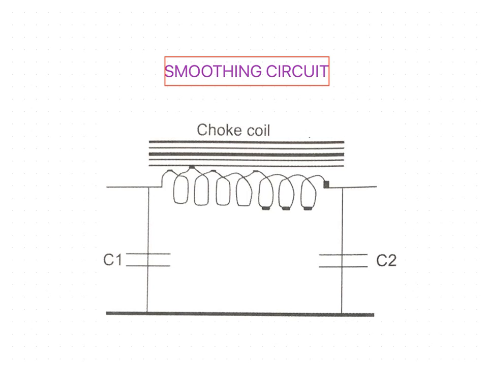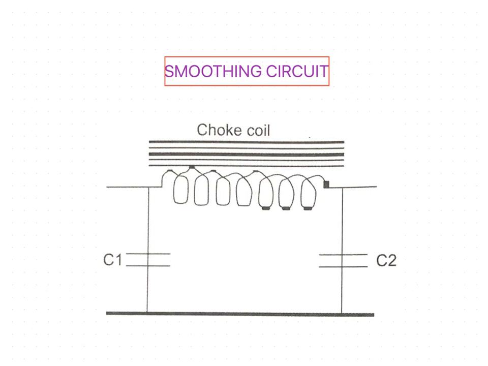So to reduce those variations in the intensity, the smoothing circuit is used. It consists of two capacitors, which help to reduce the variations in the intensity of the rectified current.